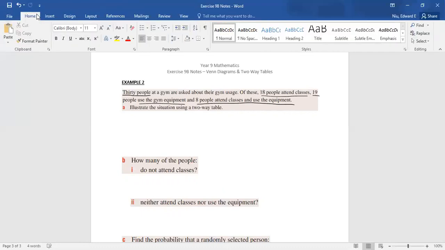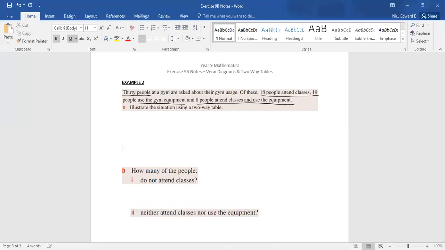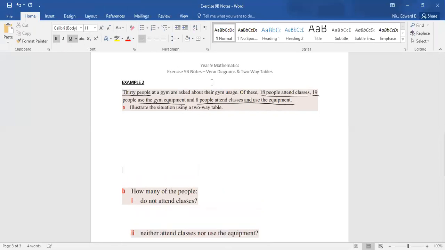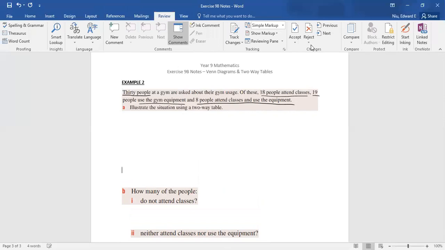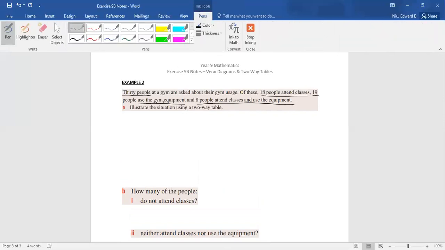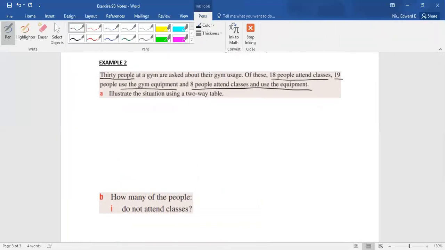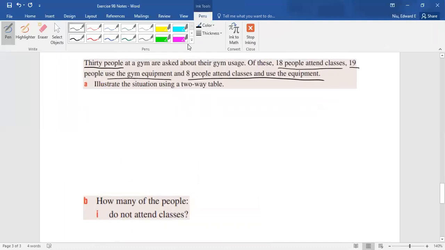So for our two-way table, there's a little more detail that's involved. So we might need to space out the area a little more. And what we do is we have to label our sections. So in the top, we can say class, and we can have no class.